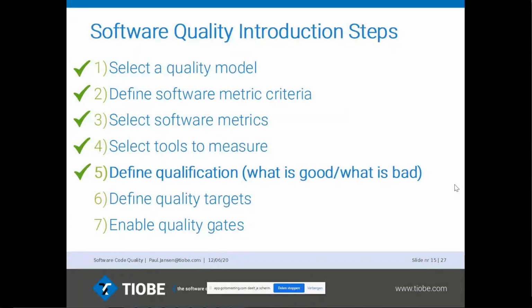And it is not easy, I can tell you, because I'm in this area now for about 20 years. And it's still very hard to define a good qualification for a metric. So let me show this by giving you two examples. So let's first go to code coverage, because we looked at it before. Then of course the question is, what is a good code coverage and what is a bad code coverage?